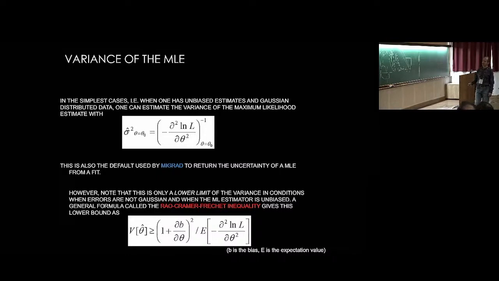So you see that this expression is equal to this one only if you have 0 bias, only if the derivative of the bias with respect to the parameter is 0, in practice. Okay? And it is a lower bound, okay? If you have very complex PDFs, this is certainly larger than this expression.